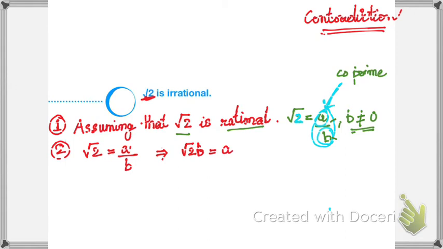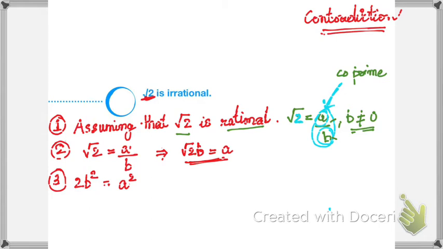Now if you square on both sides of this equation, you will get 2b square is equal to a square.